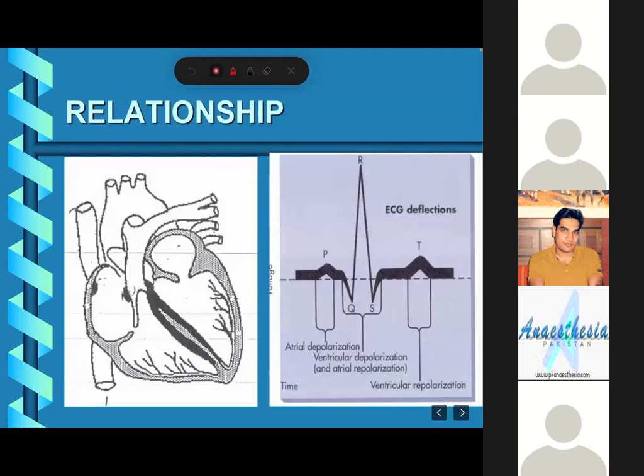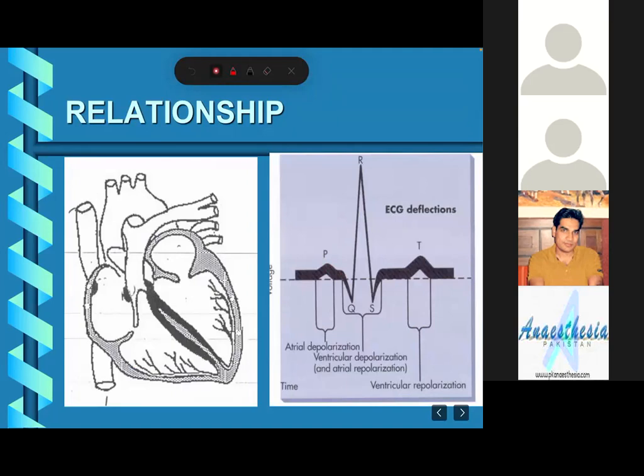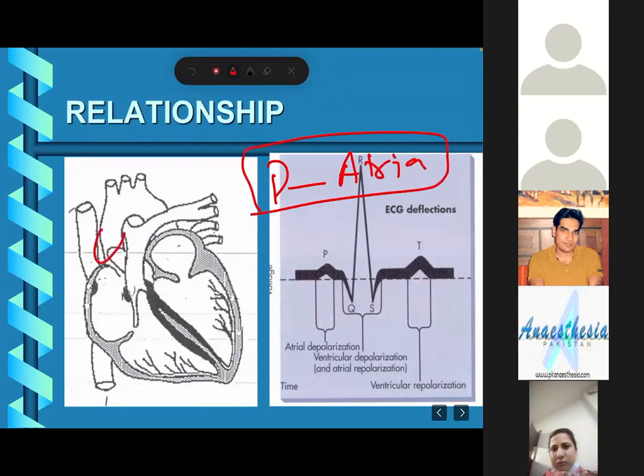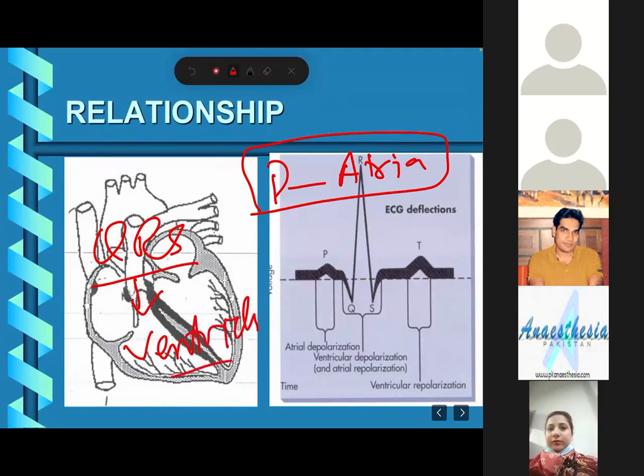The P wave shows atrial depolarization. Generally, the P wave represents the atria, and the QRS represents the ventricles. In detail, the QRS shows ventricular depolarization.